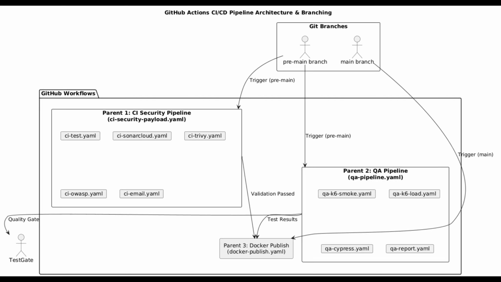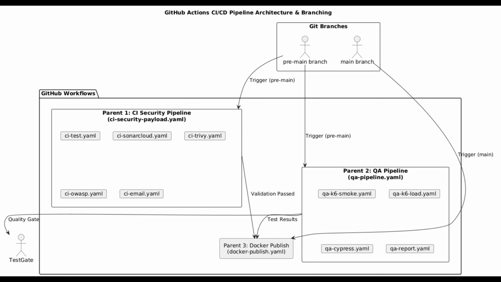So I get all those results, including the vulnerabilities of my application, and I fix the application by understanding the logs, and I perform another commit into the pre-main branch until I approve the application as production grade. Then I perform the main branch trigger for Docker publish to deploy the image into Docker Hub and GitHub container registry. That was the basic understanding of it.